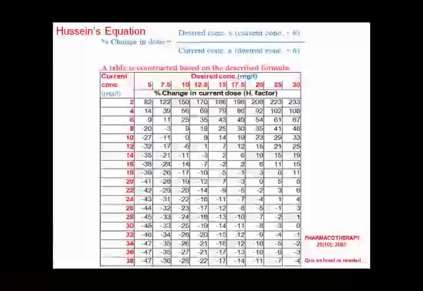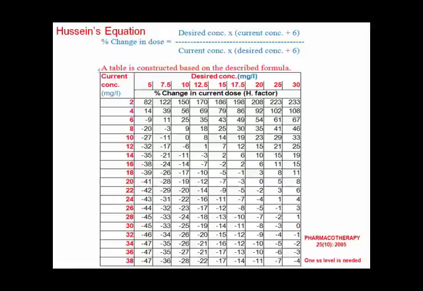This is the current concentration in the column here, and we have 8, and we want to increase it to 12. So from this 8, we go to the right to a level of 12.5, so we will increase the dose by about 18% to get a level of 12.5. So if you want a level of 12, maybe increase it by 16% or 17%.